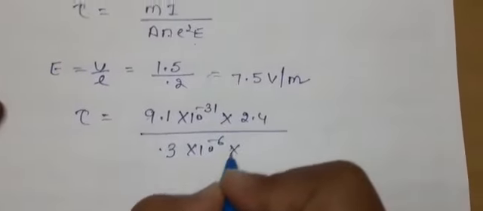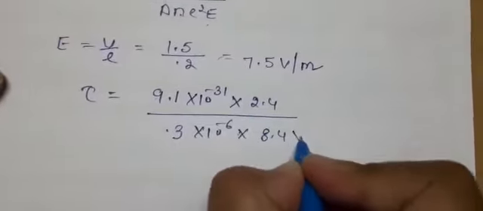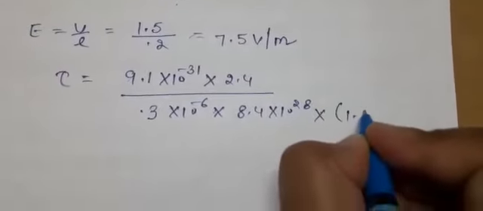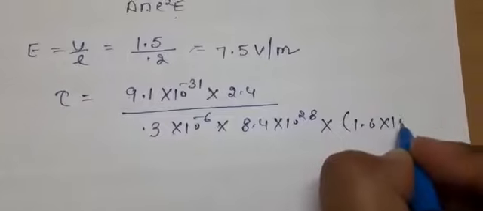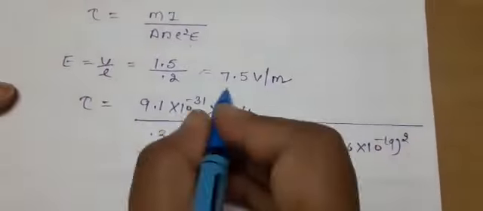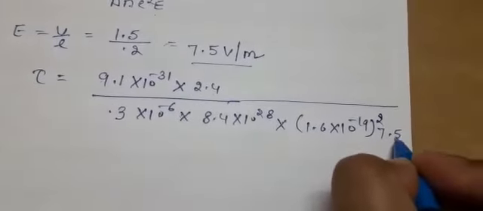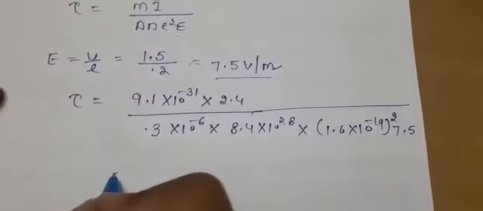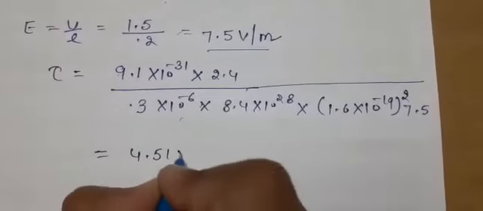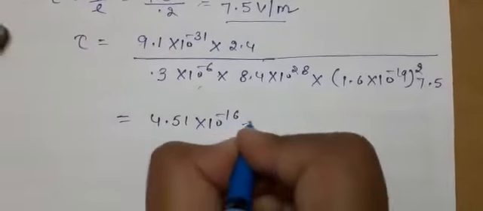Then number density of electron is 8.4 into 10 raised to the power 28. And electronic charge is 1.6 into 10 raised to the power minus 19, squared. And what is left? Electric field, this is 7.5. So this is the calculation part you have to do. When you solve all this, you will get 4.51 into 10 raised to the power minus 16 second.